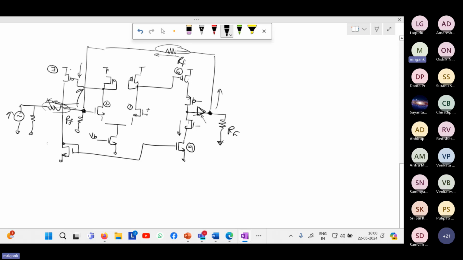Even if this buffer stage, this triangle, gets loaded with a relatively smaller RF, it will not affect the gain of this buffer stage because the buffer stage has low output impedance. Is that clear? Whatever he said just now.